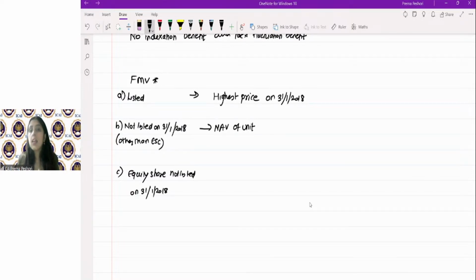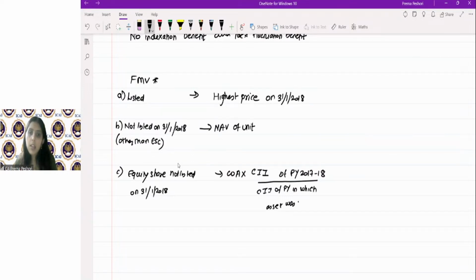In case it is an equity share not listed on 31st January, then FMV will be the cost of acquisition into CII of the previous year 2017-18, divided by CII of the year in which the asset was first held by the assessee.